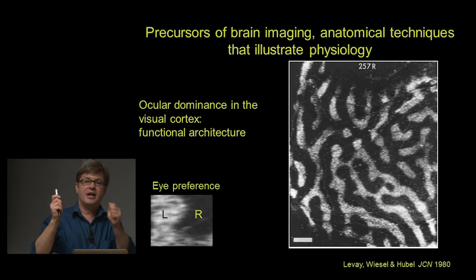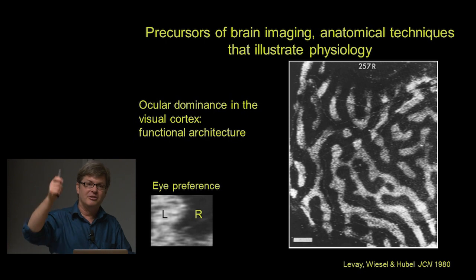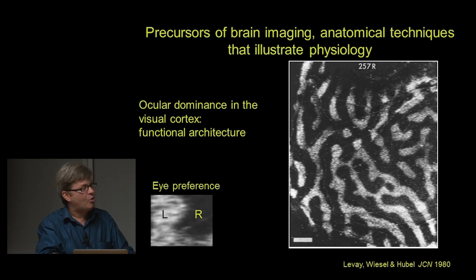And they discovered that the dominance of one eye or the other went back and forth as you marched across the cortex. And they mused, how must this be organized? Maybe there are stripes of one eye, the other eye, one eye, the other eye on the surface of the cortex. And it took more than 20 years for these stripes to be demonstrated anatomically.